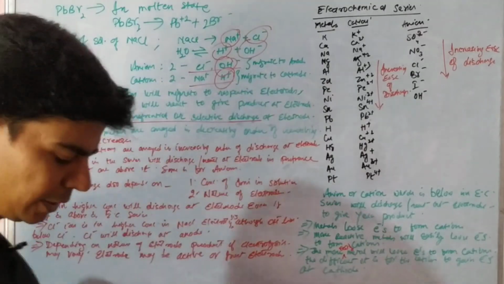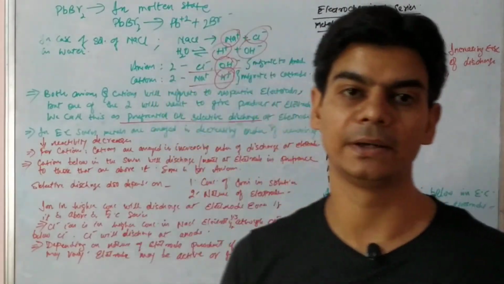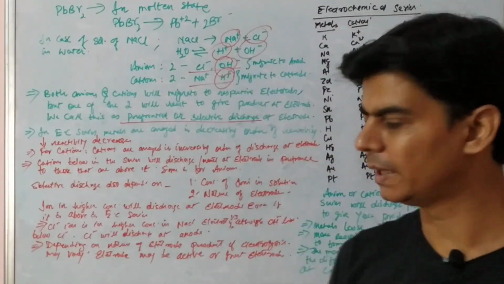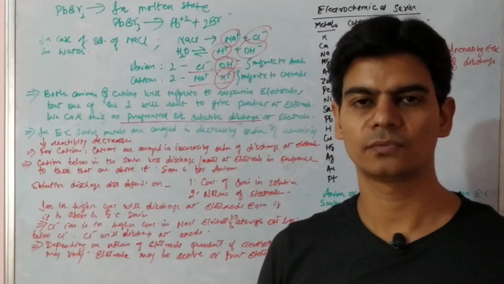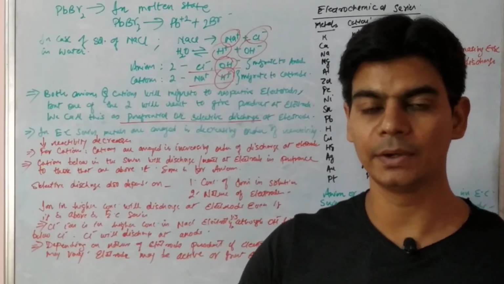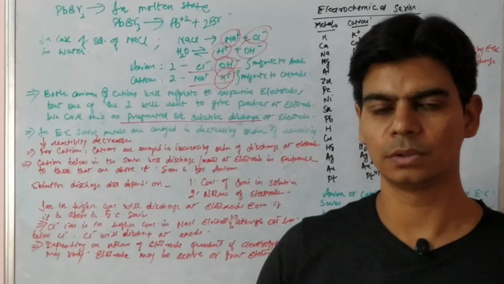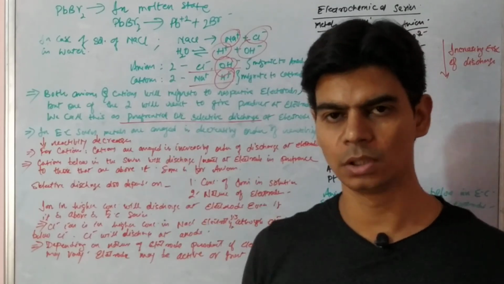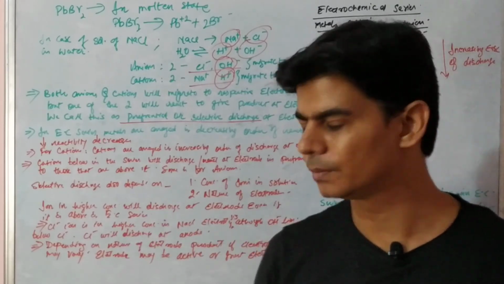If it is an inert electrode, it will not react with the product of electrolysis, and if it is an active electrode, then it may react with the product of electrolysis. Like we said in the electrolysis of copper sulfate, when we used a platinum anode, the product obtained at the anode was oxygen. Whereas when we used a copper anode, the product obtained is different. Copper started ionizing into solution.